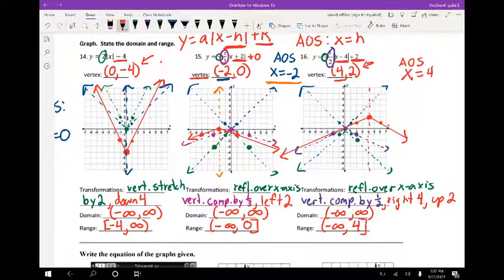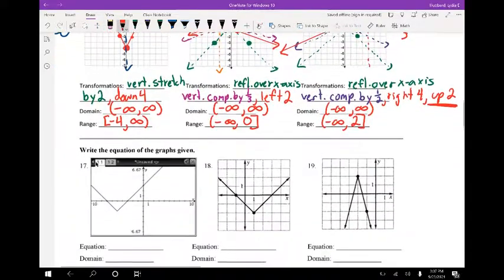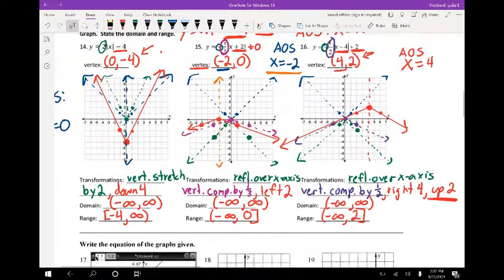So it's bottom to top. So it would be -infinity because these arrows keep going down to, oh, I'm sorry, not 4, but rather 2 because we shifted up 2. Okay, to 2. Because our graph shifted up 2, so our range has to also shift up 2. And those red graphs should be our final graphs.